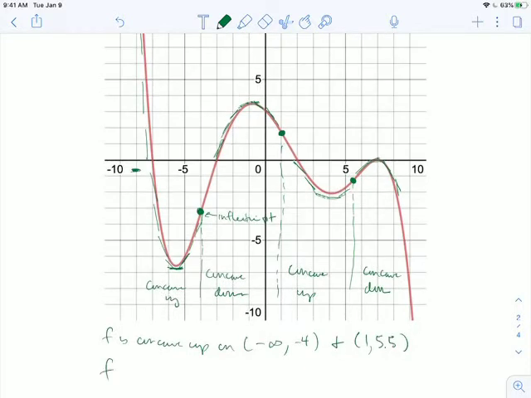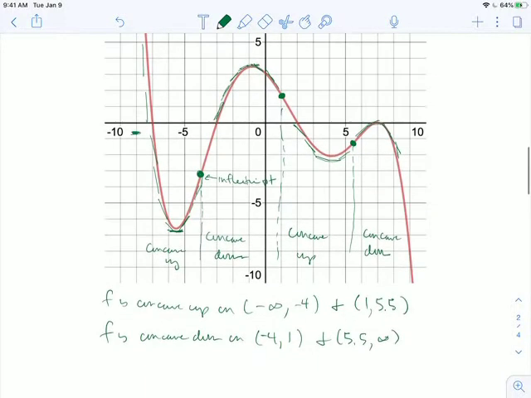And I would say that f is concave down on -4 to about 1, and then 5.5 to positive infinity. And then I have inflection points that occur when x is -4, 1, and 5.5.